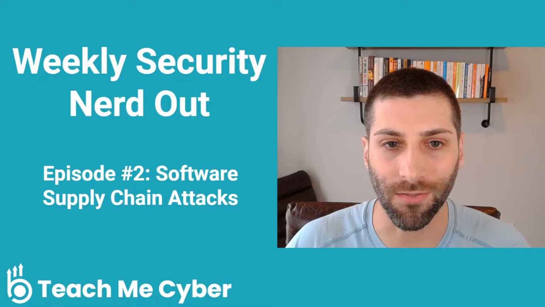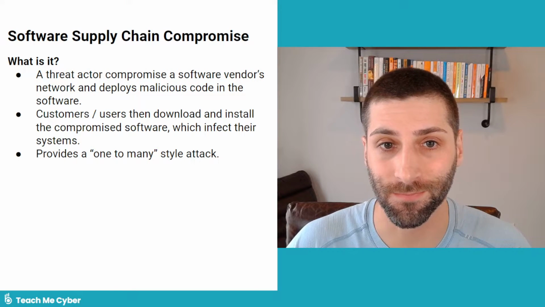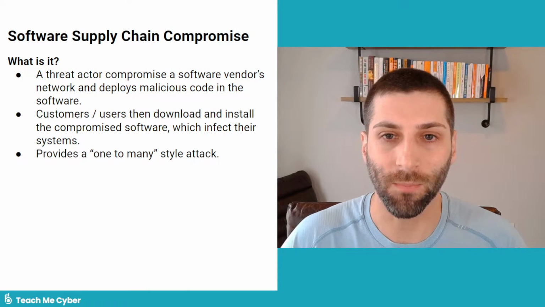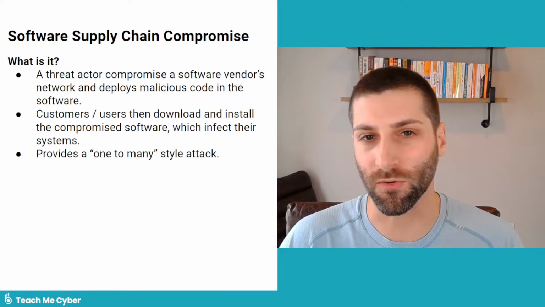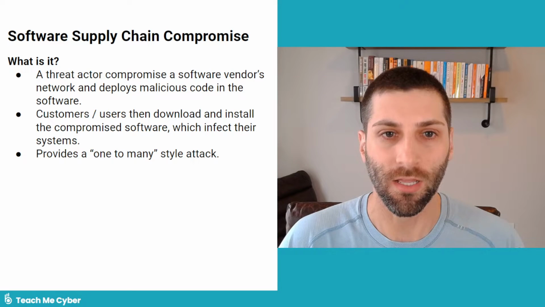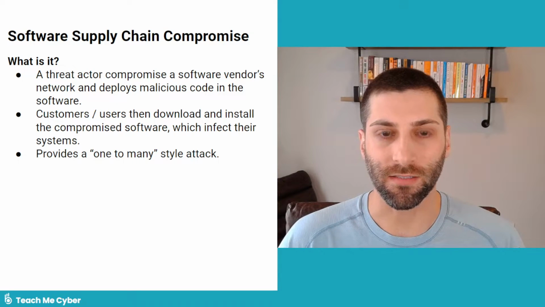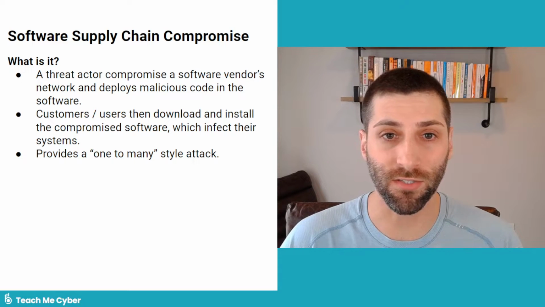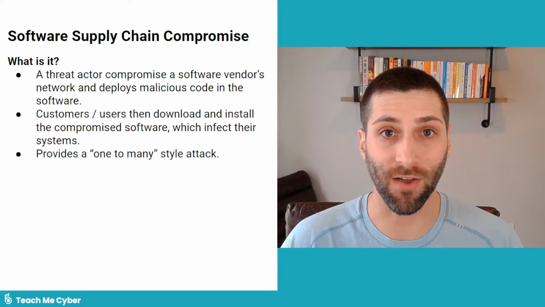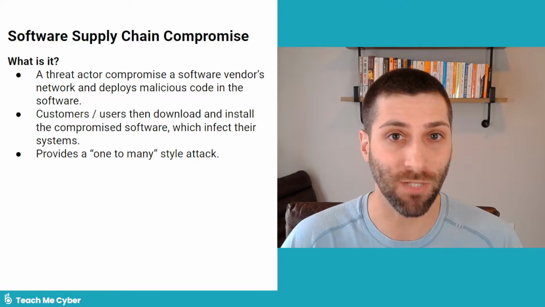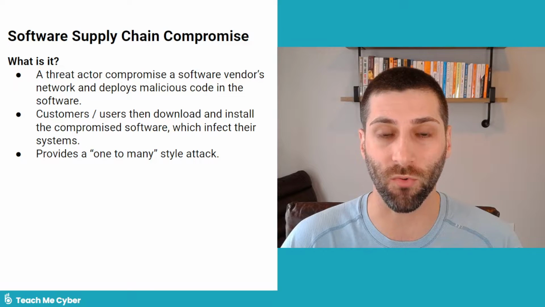Today, we're going to talk about software supply chain attacks. So, what is that? Well, it's fairly simple in concept, but more difficult for an attacker to execute. When we're talking about this, it's really when a threat actor compromises a software vendor's network and then gets access to their code, where they modify it, specifically adding some type of malicious code into the software.